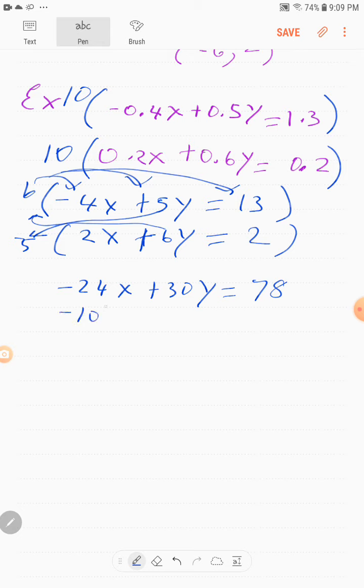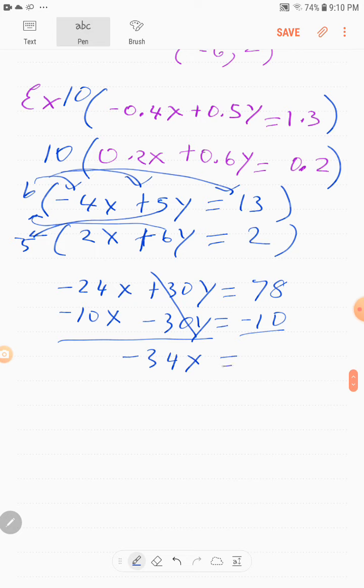Minus 10x minus 30y equal to minus 10. So the y's would cancel out. So here this becomes minus 34x equal to 68. So dividing both sides by minus 34, x is equal to negative 2.